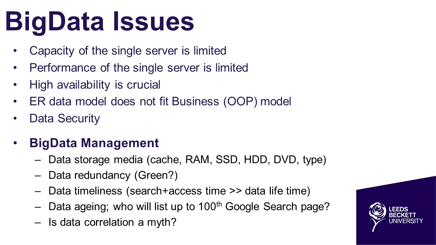We are talking about those businesses which work with complex data, and those businesses whose business model cannot traditionally fit into an ER diagram. All right. And one of the bullet points there is about data security, which is always a concern. Just with any system, cloud-based systems, big data systems, all of these have concerns about security.